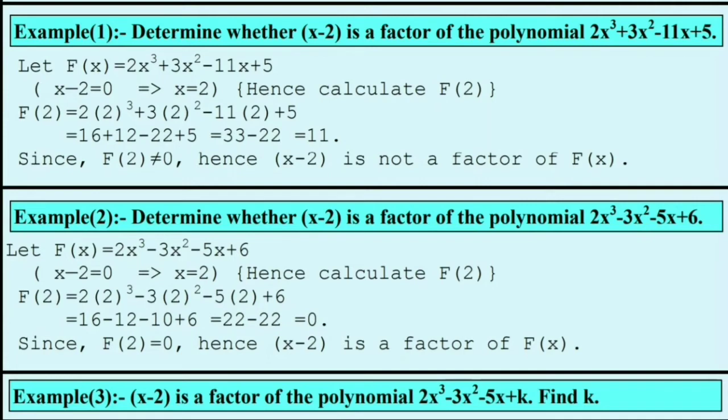Here we take the help of the factor theorem and we try to obtain the remainder, and we check if the remainder comes 0, then x minus 2 is a factor of f(x), otherwise no.